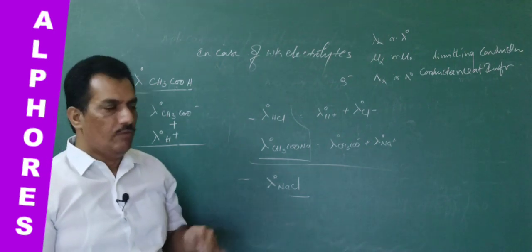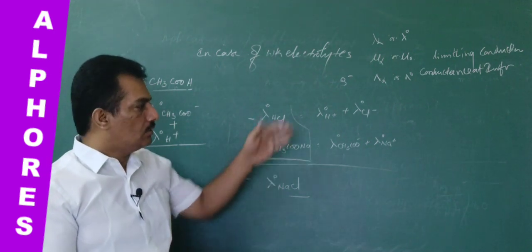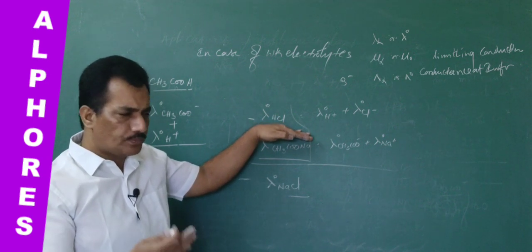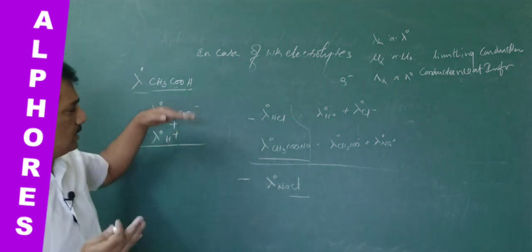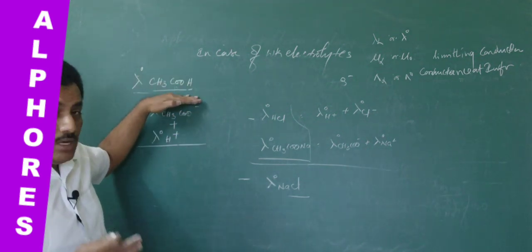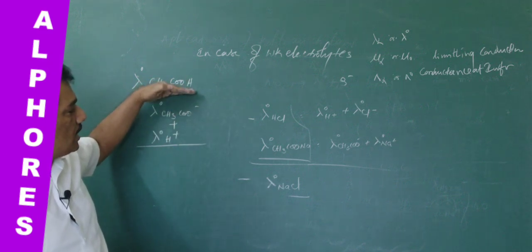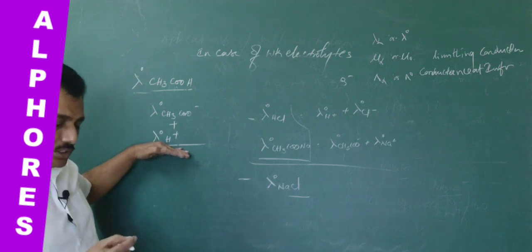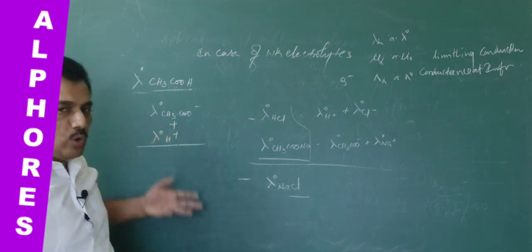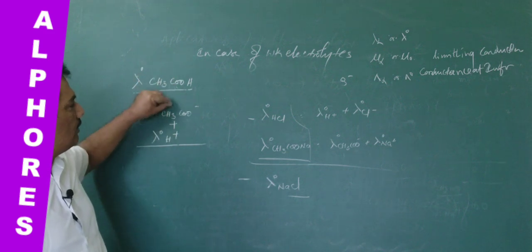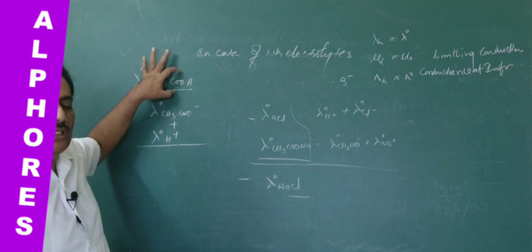In such a case, with the help of some other electrolytic conductors, we get the ionic conductances required for the weak electrolyte. When we make the weak electrolyte conductance equal to the sum of these two, it is just one statement from Kohlrausch law: the sum is equal to the conductance of the electrolyte.